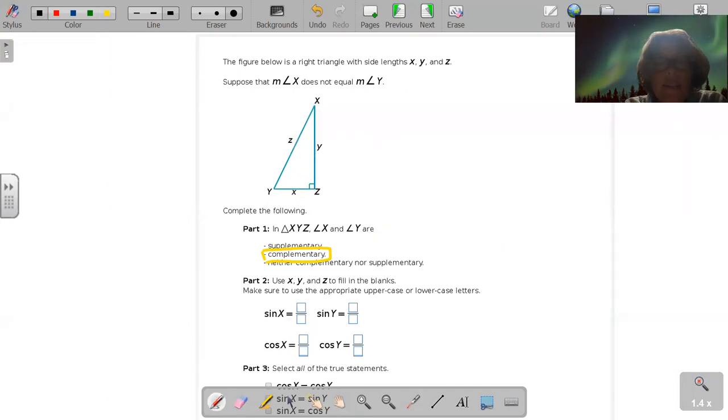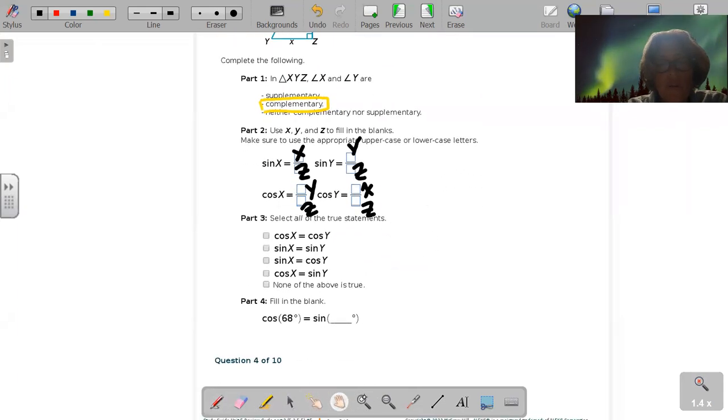The sine of X, sine would be opposite over hypotenuse. So that would be X over the hypotenuse Z. And the sine of Y, opposite would be Y over Z. The cosine of X is adjacent, and cosine would be Y over Z, and the cosine of Y would be adjacent, X over Z.